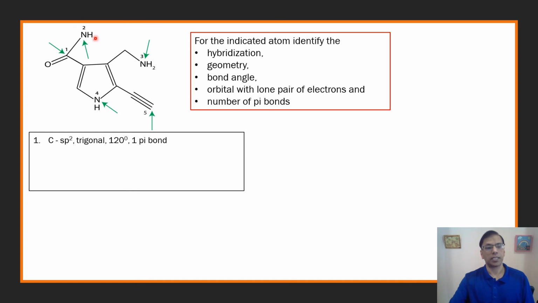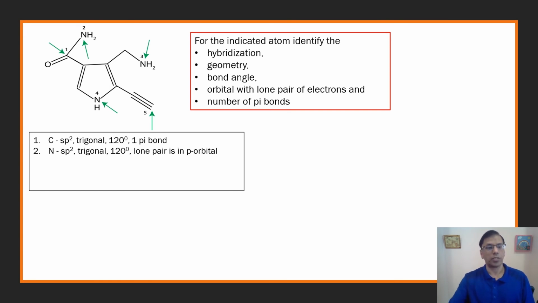Let's consider the second atom, which is the nitrogen atom. In this case, it's attached to two hydrogens and one carbon. And nitrogen has a lone pair of electrons. Now this lone pair of electrons is in the p orbital, because if you recall, anytime nitrogen, oxygen, and sulfur are next to a double bond, then the nitrogen will prefer to have the lone pair of electrons in the p orbital, and therefore this nitrogen is sp2 hybridized.